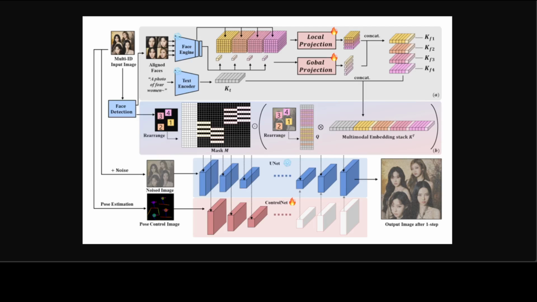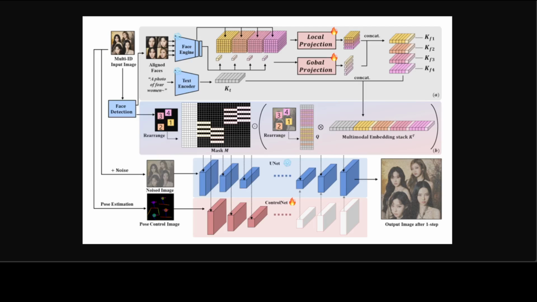This dual input strategy ensures a rich capture of facial features. To effectively control multiple faces and bodies simultaneously, they have designed masked cross attention, which emphasizes face embedding while maintaining the integrity of text embedding.